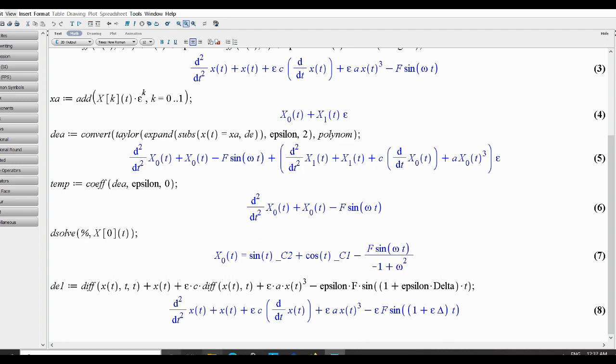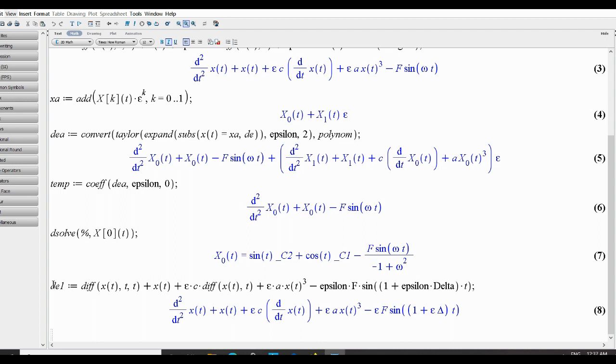Now, as you have seen in the previous lecture, this is not easy for me to expand, right? So actually what I should do is I should define a new tau. That tau is 1 plus epsilon delta times t. What that means is, let me write it here, d by dt of something is 1 plus epsilon delta times d by d tau of something. That's what it means.